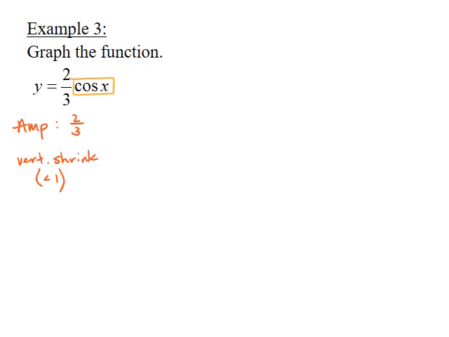Okay, so if I were to sketch a graph of this, here's basically how I start. I'm going to graph one period, and one period is between 0 and 2 pi. Then I split this in half. Half of 2 pi is pi.